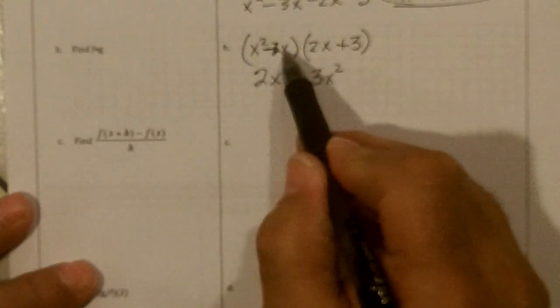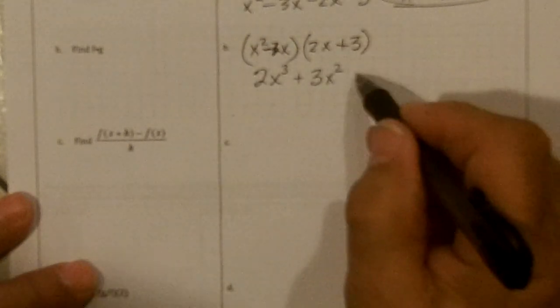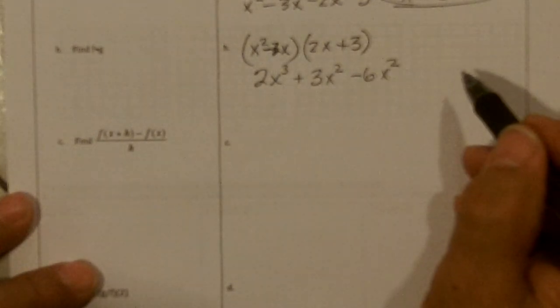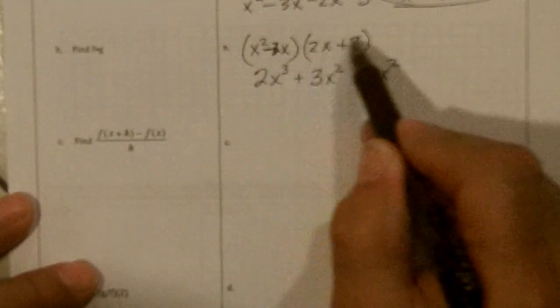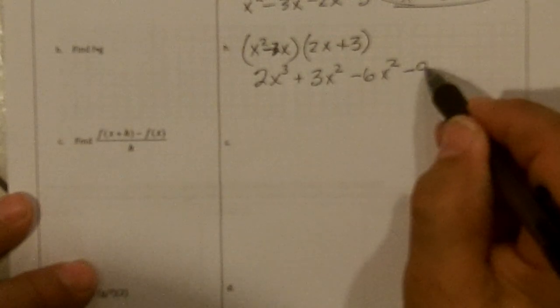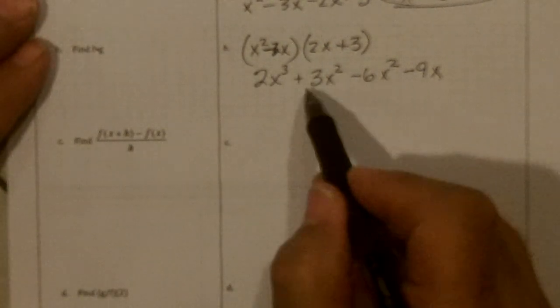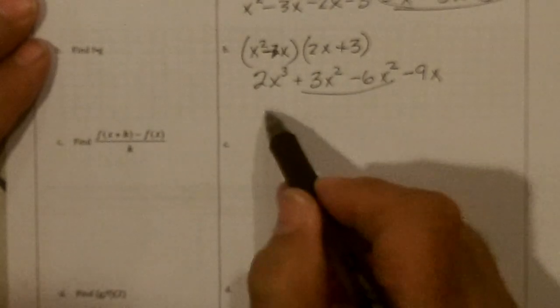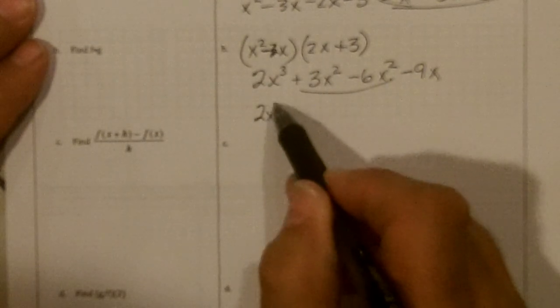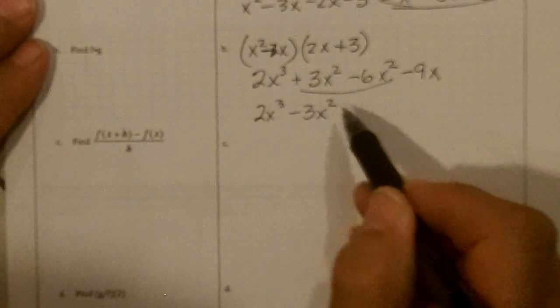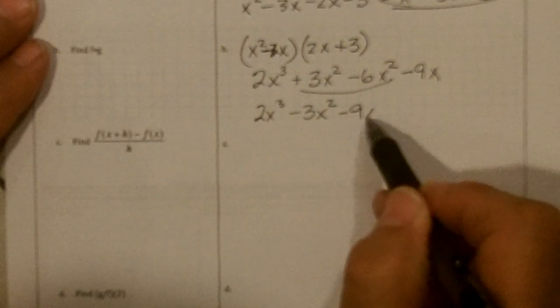Then we got to take minus 3x times 2x, which is minus 6x squared. Then minus 3x times 3, which is minus 9x. Then we combine like terms, and it looks like these two are like terms, so we get 2x to the third minus 3x squared minus 9x.